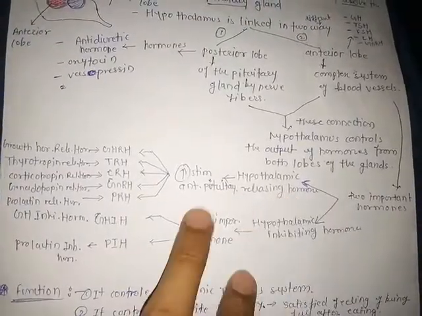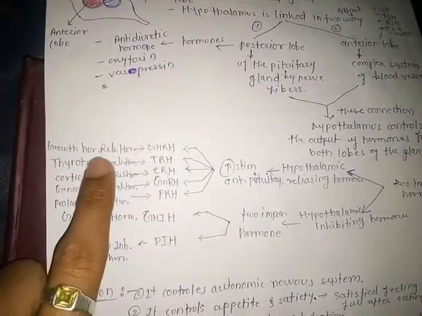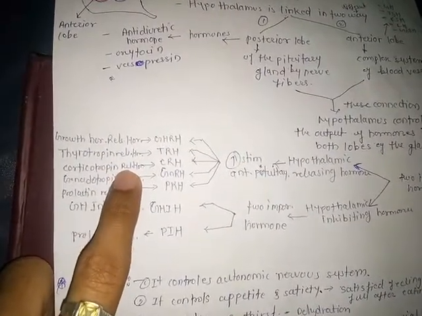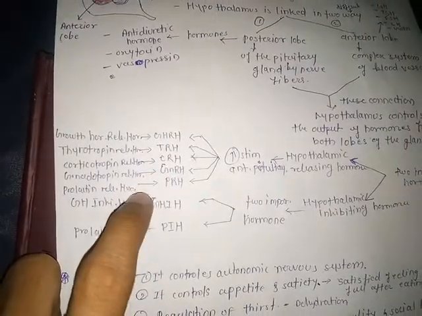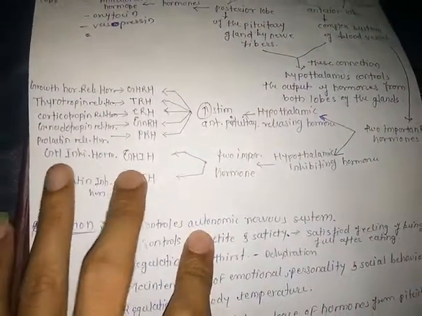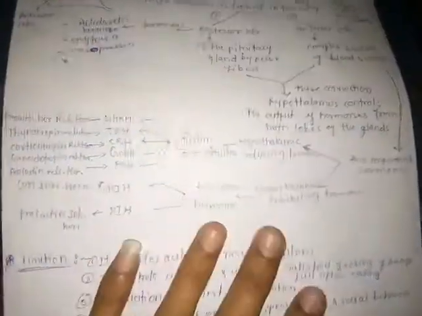If hypothalamic releasing hormones stimulate the anterior pituitary gland, then it secretes some hormones, that is first growth hormone releasing hormone, thyrotropin releasing hormone, then corticotropin releasing hormone, gonadotropin releasing hormone, and prolactin releasing hormone. If the hypothalamus releases inhibitory hormones, meaning to decrease or suppress, then two major hormones are secreted, that is growth hormone inhibiting hormone and prolactin inhibiting hormone.